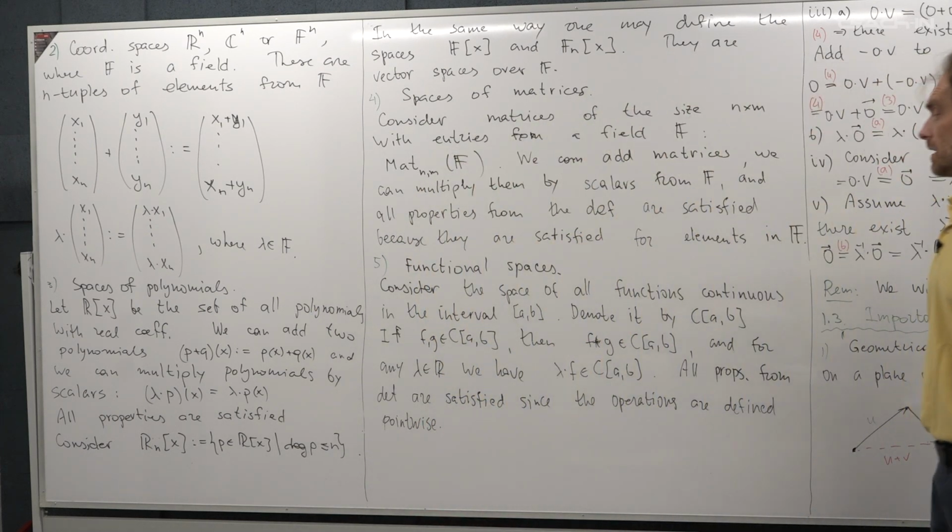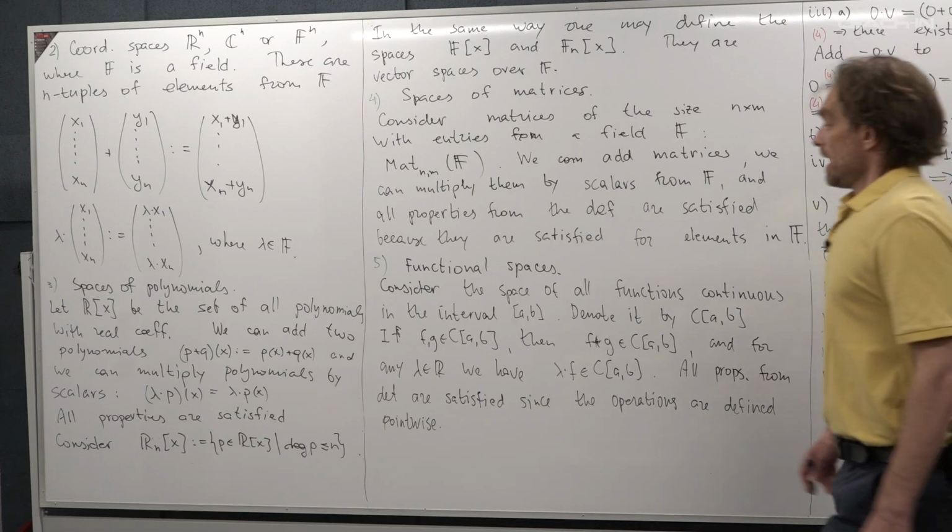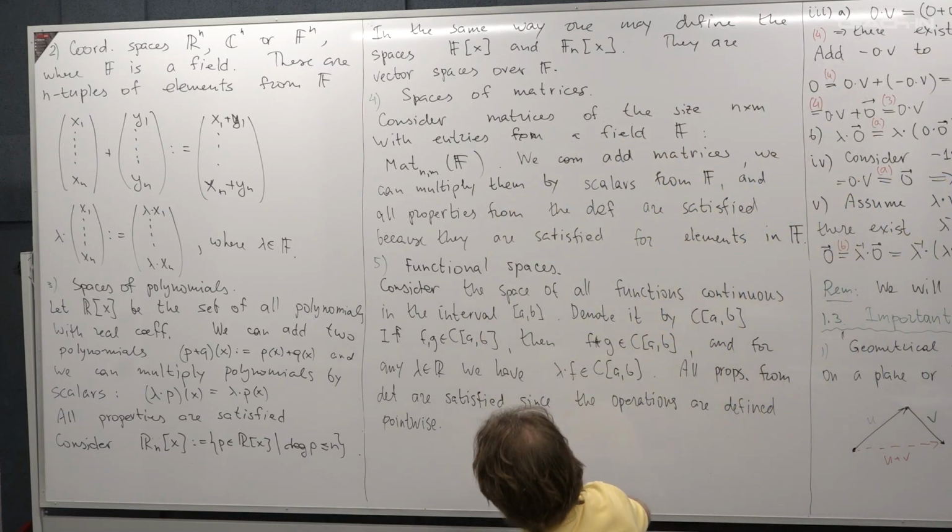So C(A,B) is a vector space over the field of real numbers.